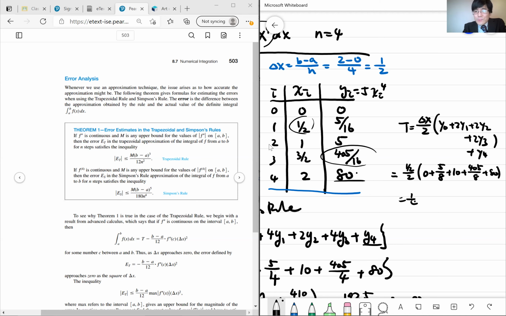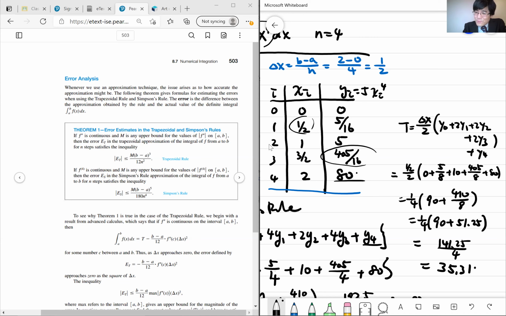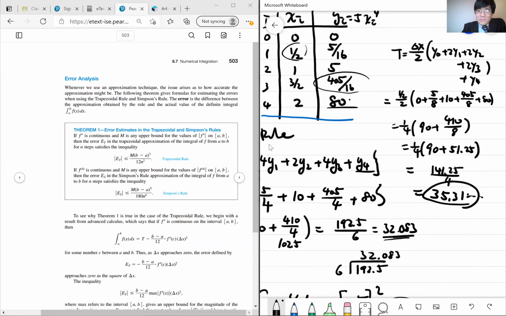That's going to be 1/4 times 90 plus 410 over 8, which is 1/4, 90 plus 51.25. So that's going to be 141.25 over 4, which is equal to 35.31 something. So not too bad.